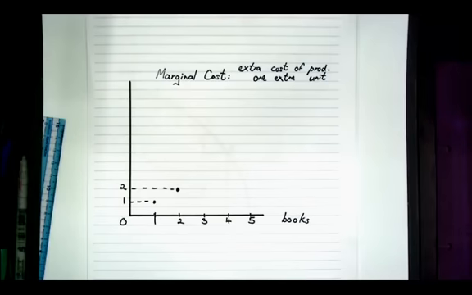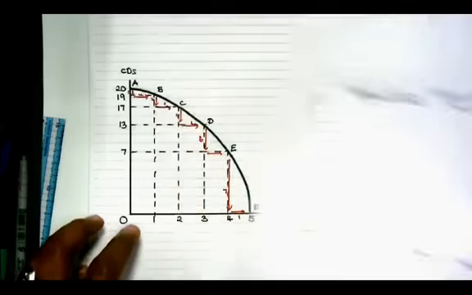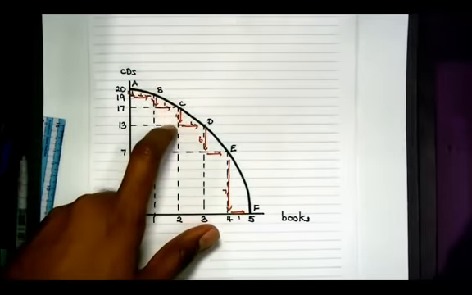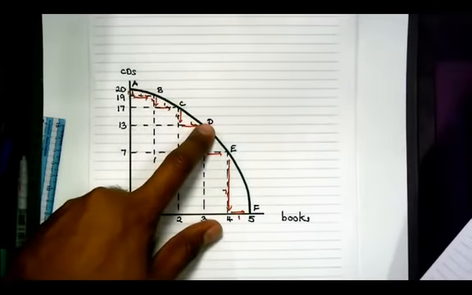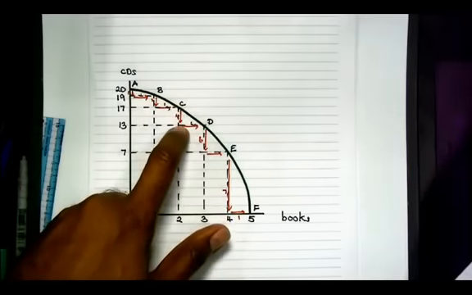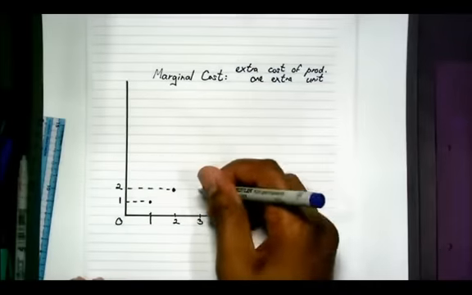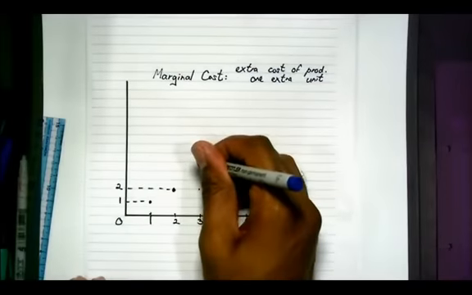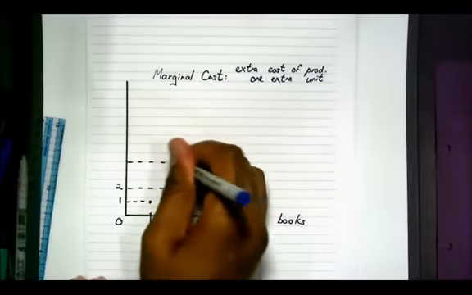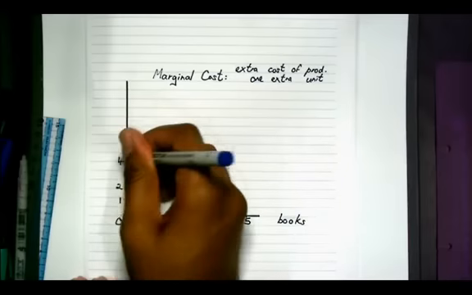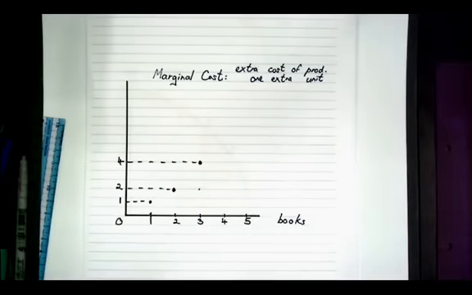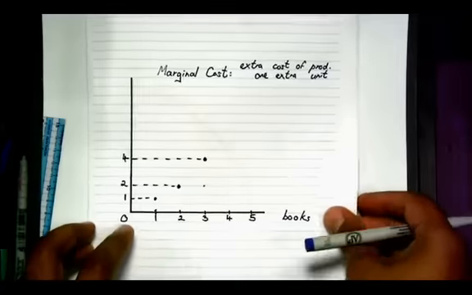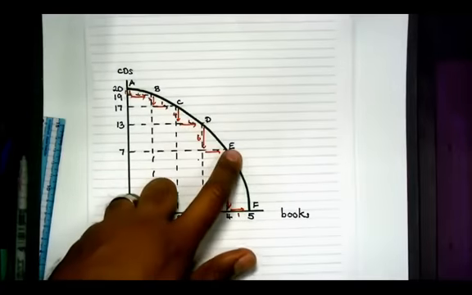What is the extra cost of the third book? C to D. 17 minus 3, which is 4. The extra cost of the third book is we have to sacrifice 4 CDs. What is the extra cost of the fourth book, D to E?